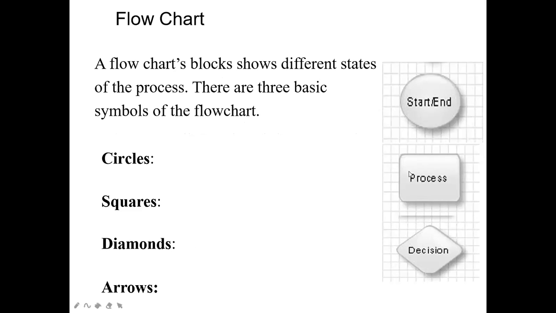The process rectangle is used when processing is done, like a is equal to 2 plus 3, or 20 divided by 5. All this processing is represented in the rectangle box. When you start a program, you give the start symbol, and when you end the program, you give the end symbol.